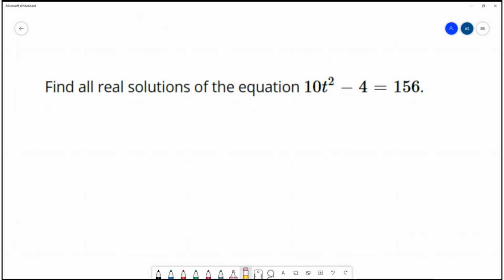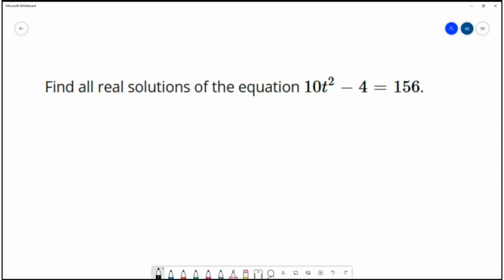For this question, we want to find all real solutions of the equation 10t squared minus 4 equals 156. Now, as I look at this, I can see that it's a quadratic equation because it's got a t squared as the highest power. But I'm also noticing that I don't have a t term.